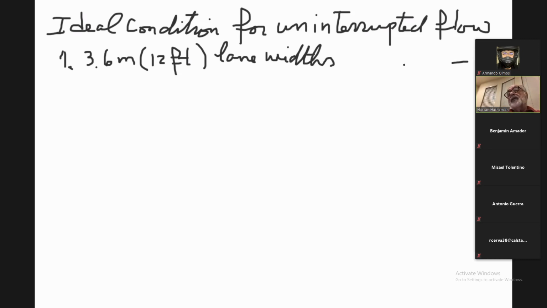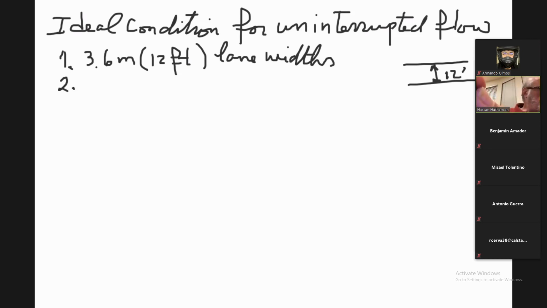This is the lane width. You have to have 12 feet. Now you can have 12, 14, 13, 15, whatever you want. As long as you have 12 or more, that's under ideal condition. If you have less than that, then we have to have a correction factor for it.